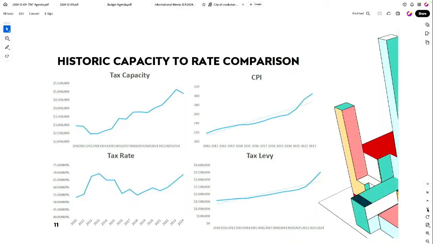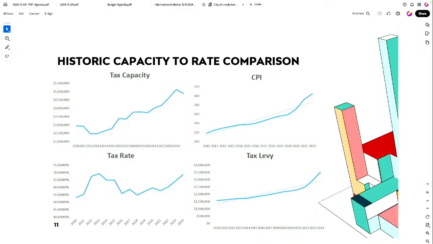And so the city says we're going to levy X amount of dollars. And that dollar, as an example, in 2023-24, our tax capacity was $5.1 million. This council levied roughly 68%, 68.8% of that capacity to fund city operations.